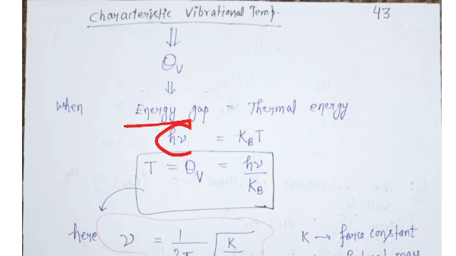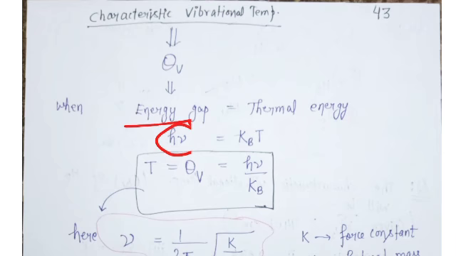Thermal energy, I told you, is k B T. When k B T equals h nu, this temperature becomes theta v, the characteristic vibrational temperature.